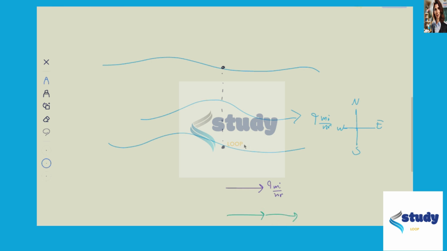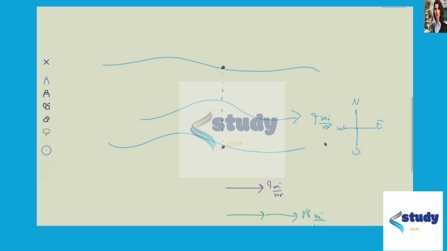So how are we going to do this? I'll call this 18 miles an hour. How are we going to end up getting to the north side of the river without going up the river or down the river? Well, what we're going to need is a velocity vector that is in a net fashion purely north.